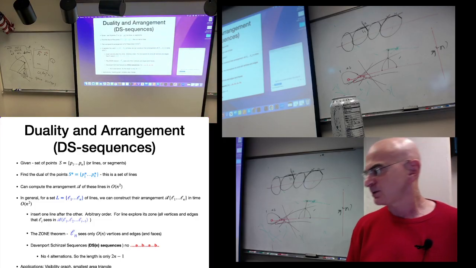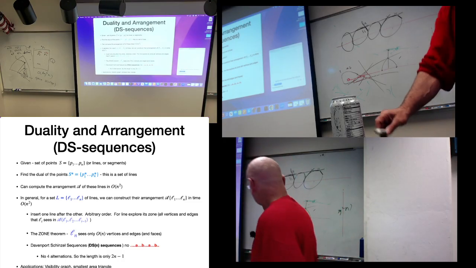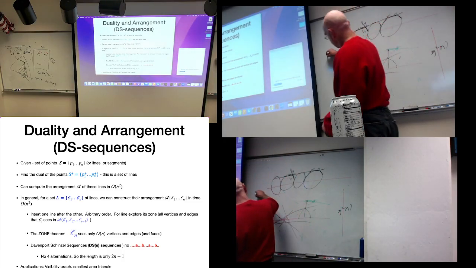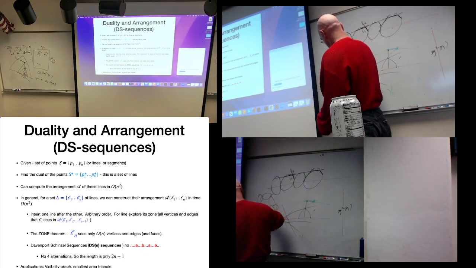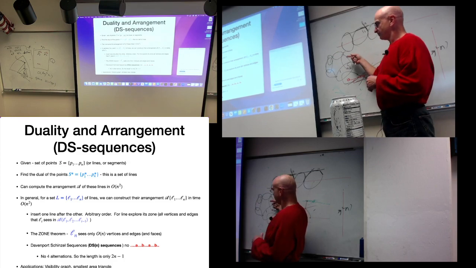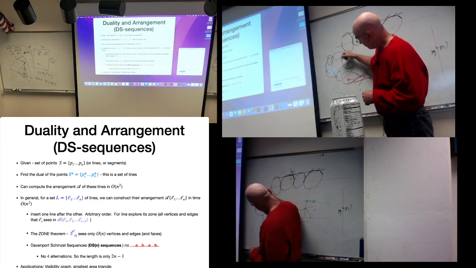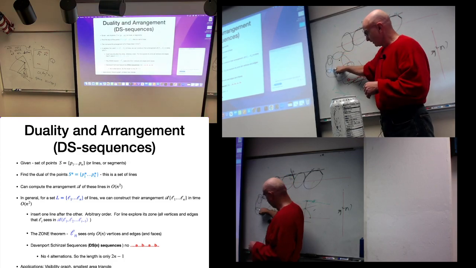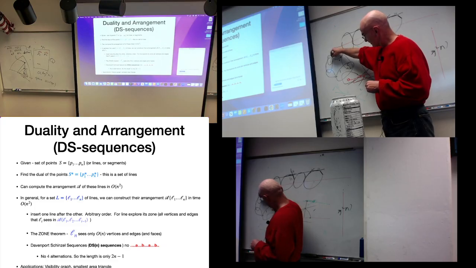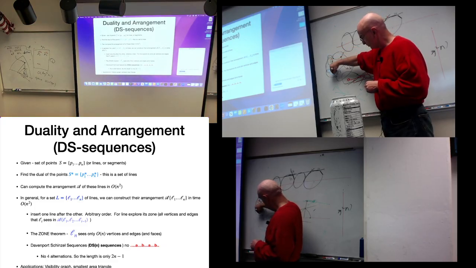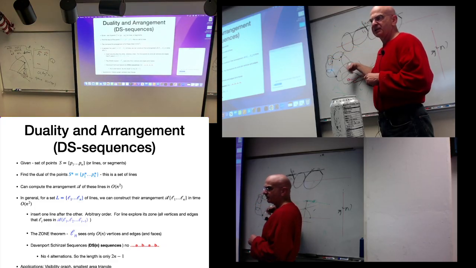And by the way, having small complexity, if I can tell you that the free space of a robot, well, the overall free space of my robot can be large, but if my robot starts here, it can only get to places in its own free space. So if I tell you that this free space has linear complexity, it means I can also compute it in n log n.